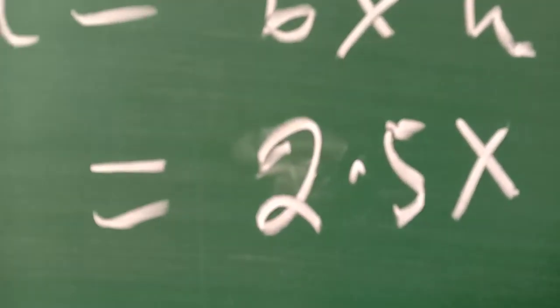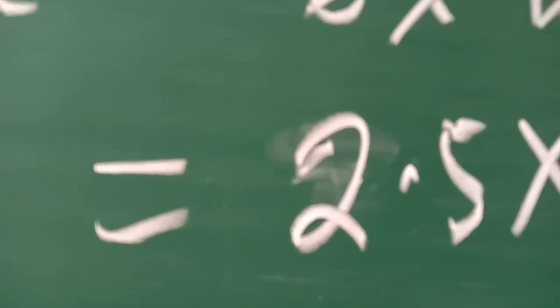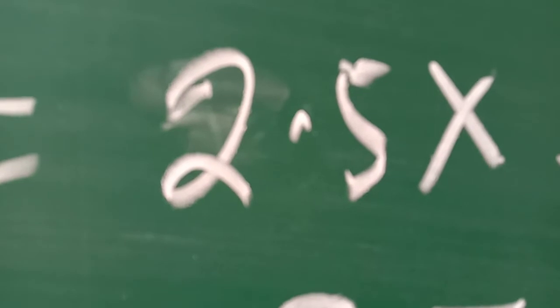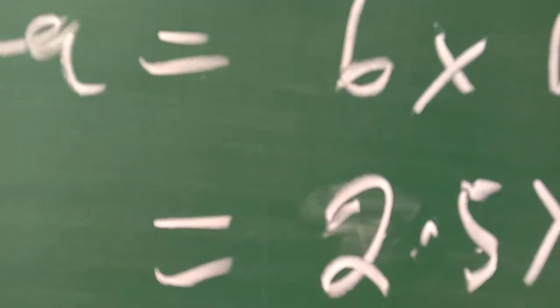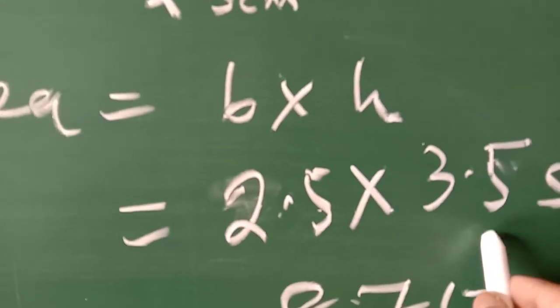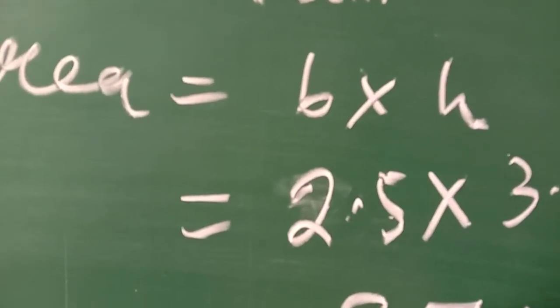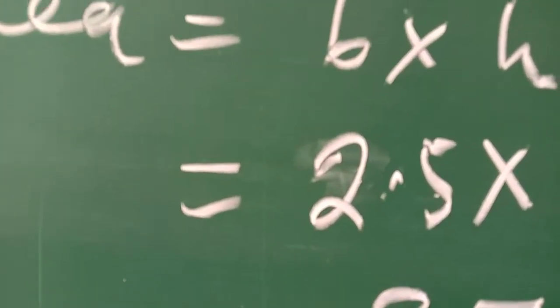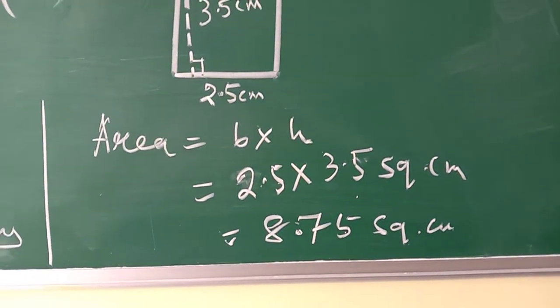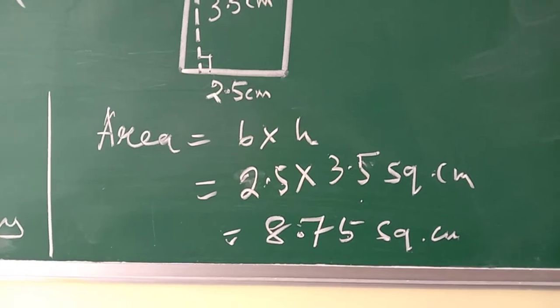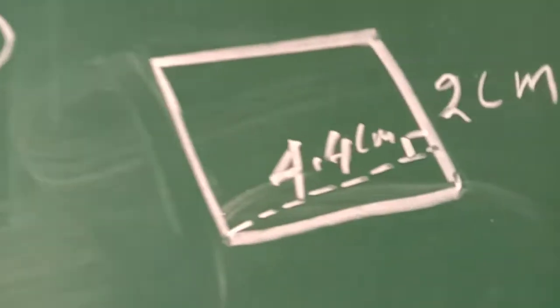The result is 875 square centimeter. You have to put 2 decimal places, because there is one here and one here, so from the right side, 2 places you will give the decimal. So 8.75 square centimeter.